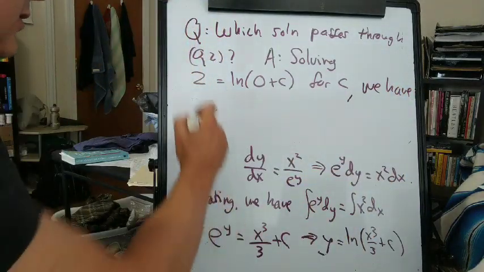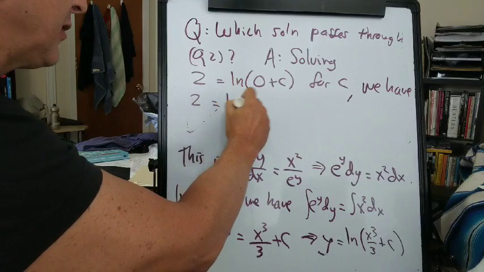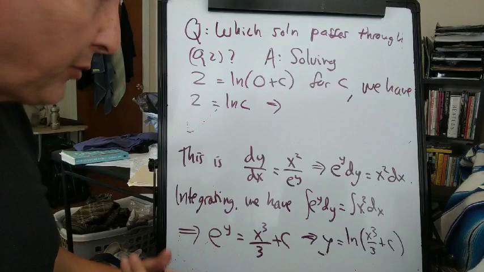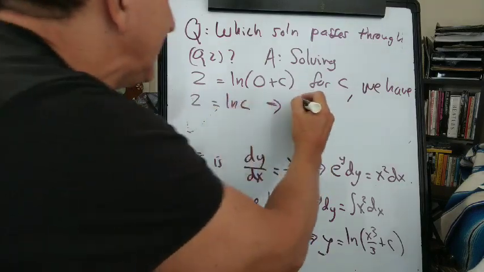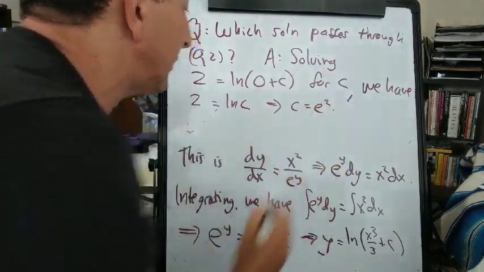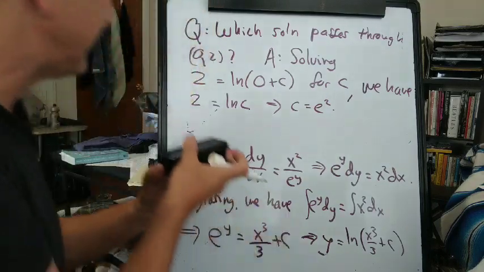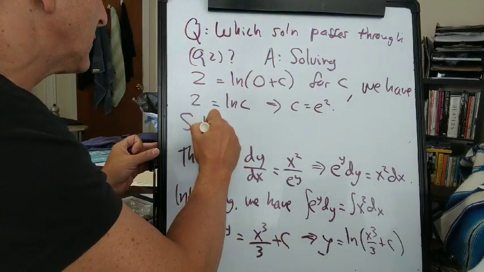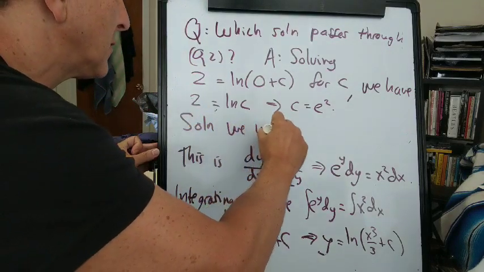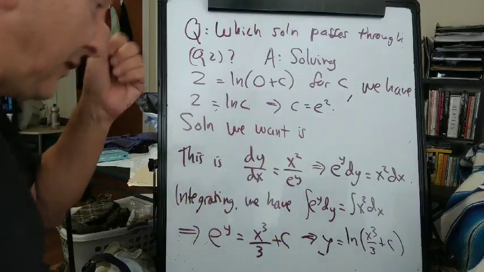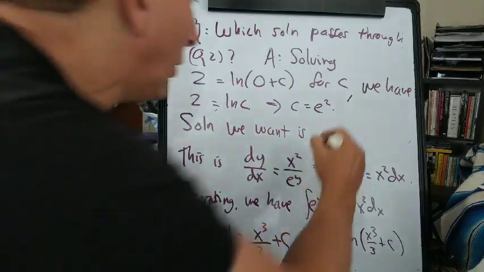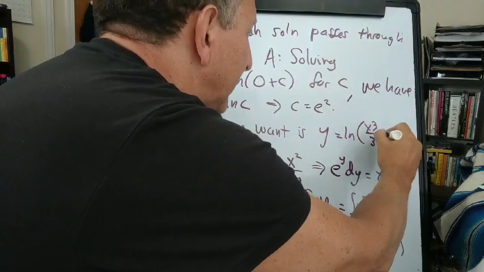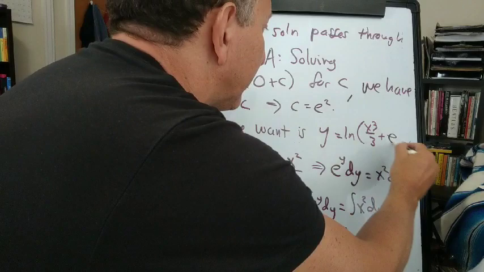We have 2 equals log of c, taking the antilog of both sides, so that's e to the both sides, I guess we have c equals e squared. So the solution we want is, we'll plug in e squared for c, y equals log of x cubed over 3 plus e squared.